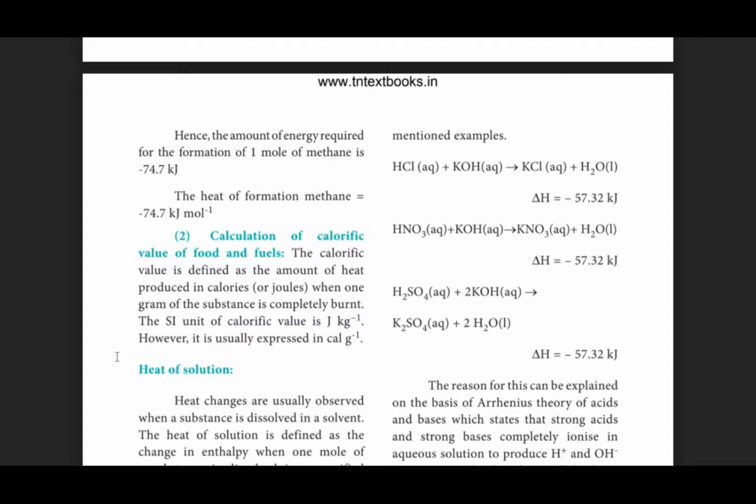Calculation of the calorific value and food values. Calorific value comes under 2 mark questions. The calorific value is defined as the amount of heat produced in calories or in joules when 1 gram of the substance is completely burnt. The SI unit of the calorific value is joules per kilogram; however, it is usually expressed in calories per gram.